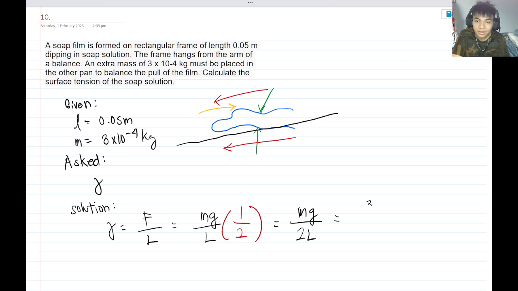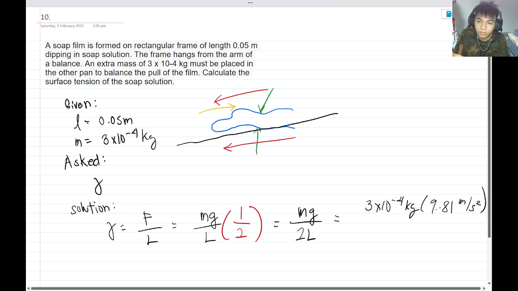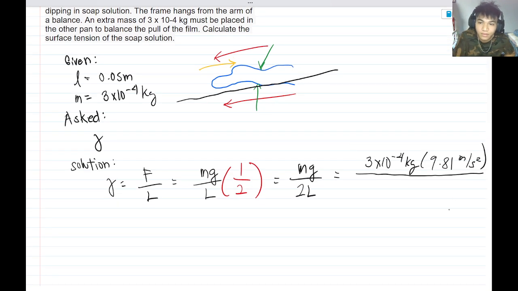So, the mass, 3 times 10 negative 4 kg. Acceleration due to gravity, 9.81 meters per second squared. Over twice the length. So, it's 2 times 0.05 meter.